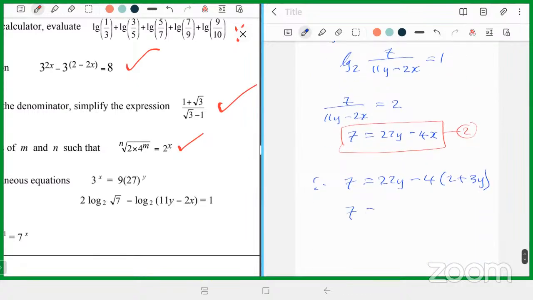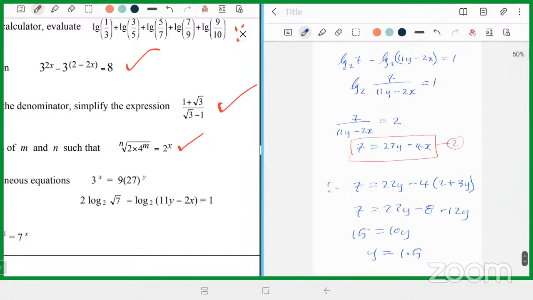So 7 equals 22y minus 8 minus 12y, and this is 10y. This negative 7 comes away; add 7 to negative 8, gives me 15. So y equals 1.5.